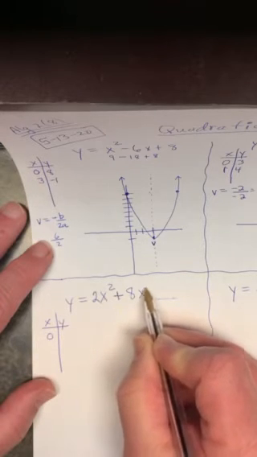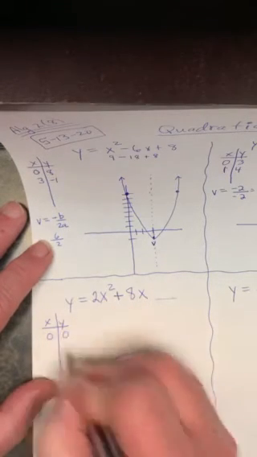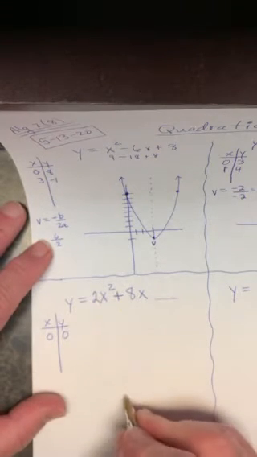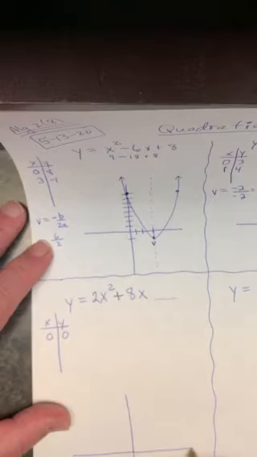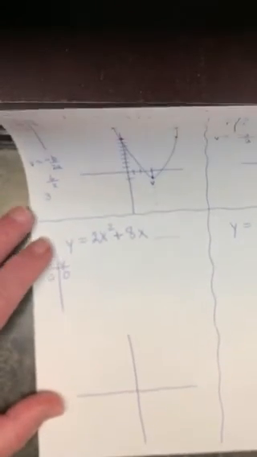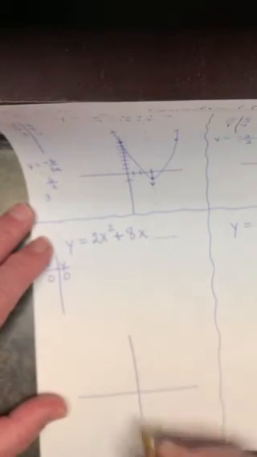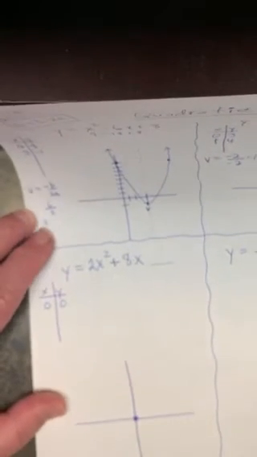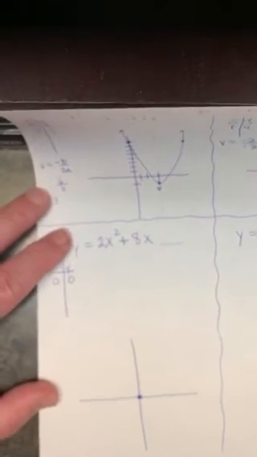And since there's no number to add on to that, 0, 0 is my y-intercept. So all that tells me, okay, big deal. You'll have one on your assignment just like this, that it touches the y-axis right on the origin at 0, 0. Now remember, that's not my vertex, right? That is not my vertex.